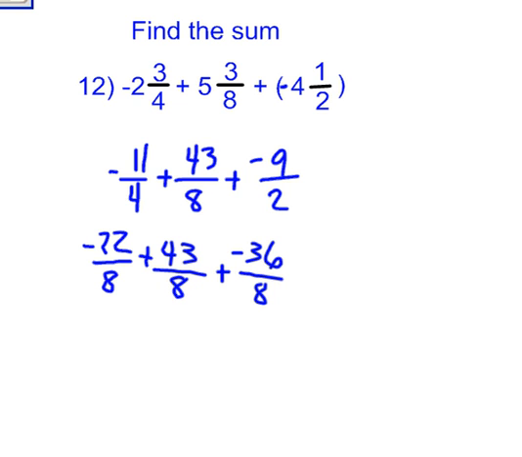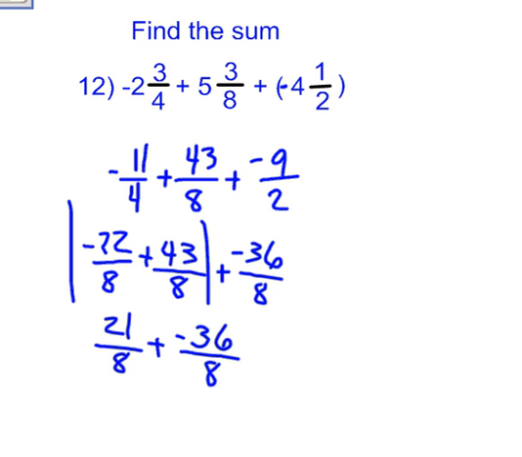Looking at the first two, a negative 22 plus a positive 43, we're going to subtract those. And that gives us a positive, I'm sorry, positive 21. So we have 21 eighths plus a negative 36 eighths.